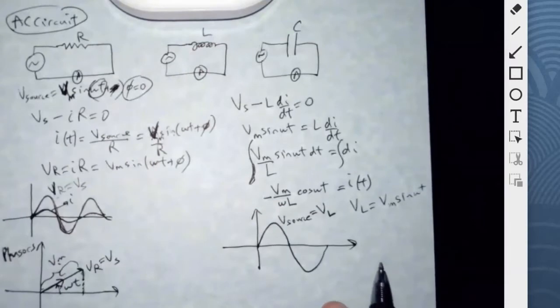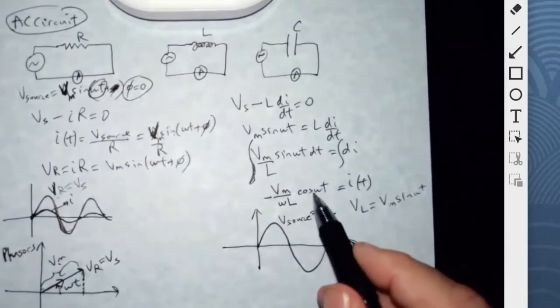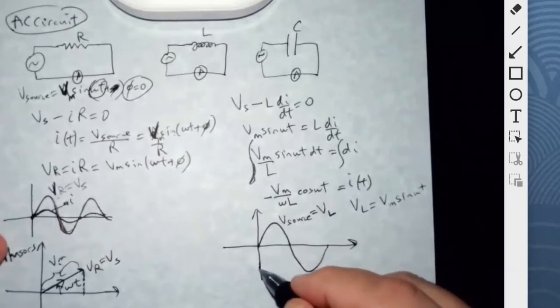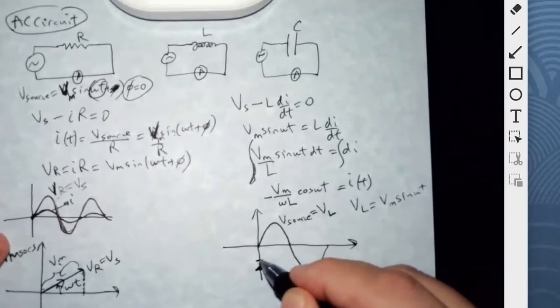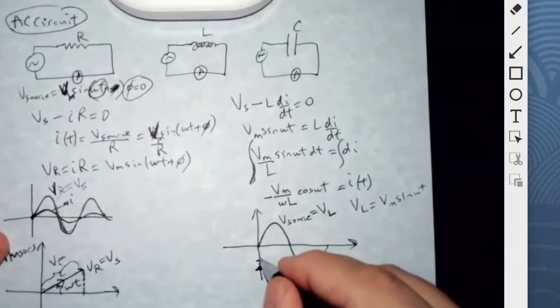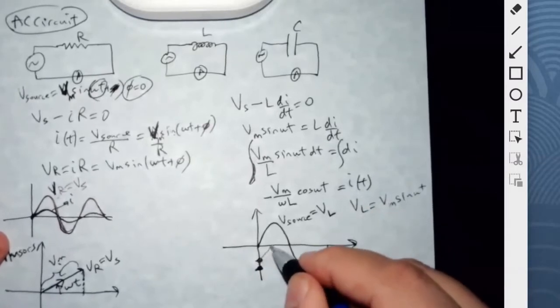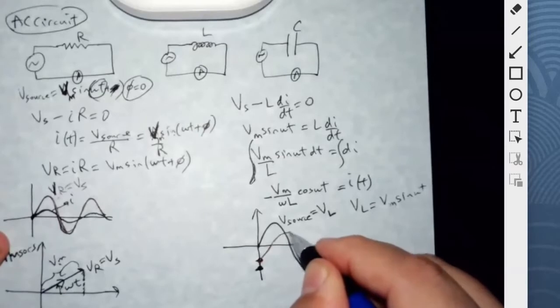So then what would the current look like? It would look like a negative cosine function. Negative cosine looks like this. It starts at the most negative, then it goes like this, and when this reaches 0, it goes like this.